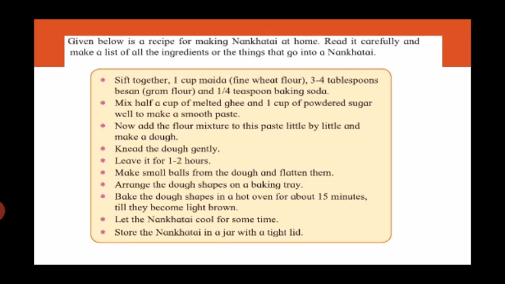So children, at home, read this entire list of steps to make a naan katai and then you decide which are the ingredients and make a list of all the ingredients for making naan katai.